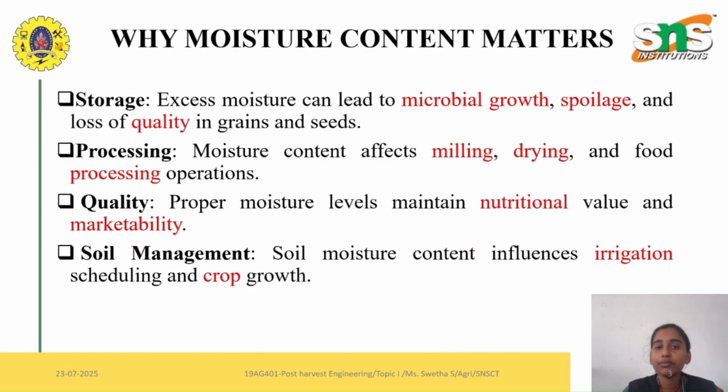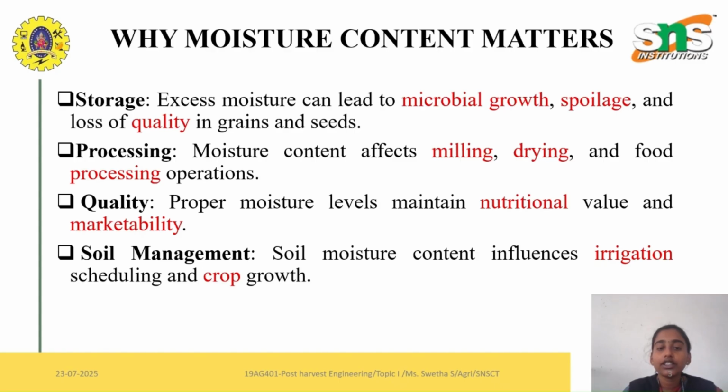Why does moisture content matter? Because it matters in four important areas: storage, processing, quality, and soil management. In storage, excessive moisture can lead to microbial growth, spoilage, and loss of quality in grains and seeds.